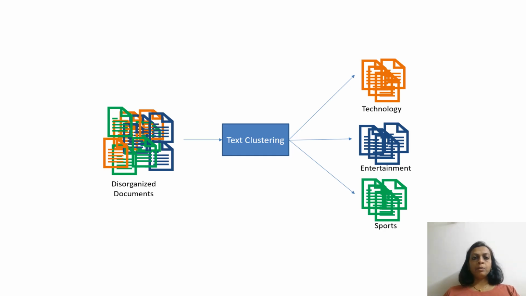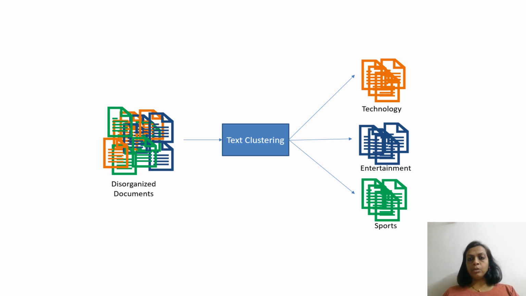So I have talked about the need for the technique. Let's understand the actual text clustering process. You can see here disorganized documents. Documents are present in a very disorganized way. They are not present systematically. Different types of documents exist in an unorganized way, and that's why there is a need to have groups of documents, which is referred to as text clustering.